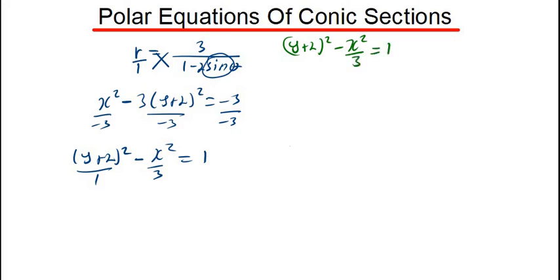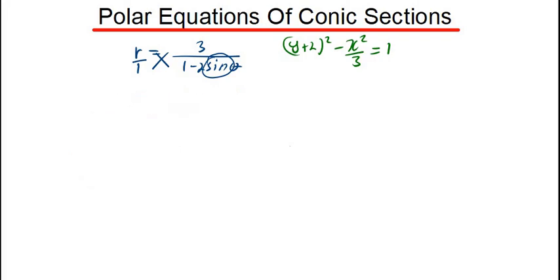Let's now try to find every necessary detail about this hyperbola. Of course, we know the center is supposed to be at h comma k. Our h value is 0, our k value is minus 2. Then what else do we have to find? We have to find the foci.